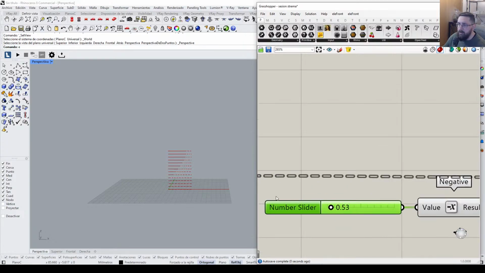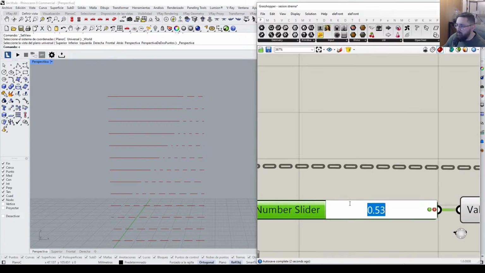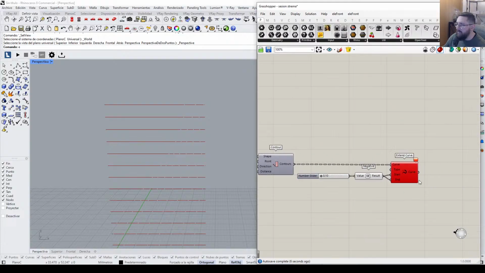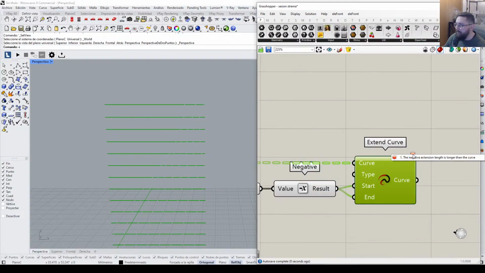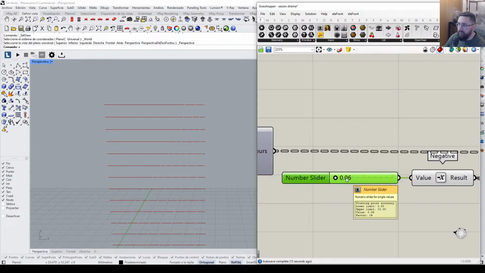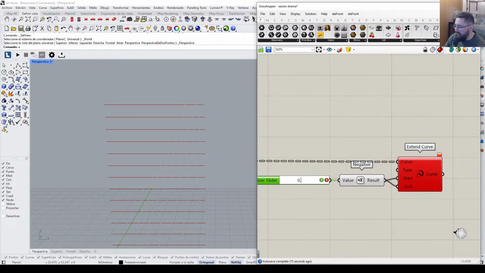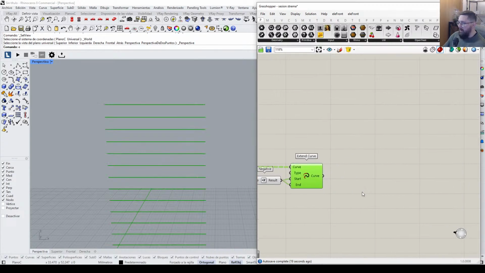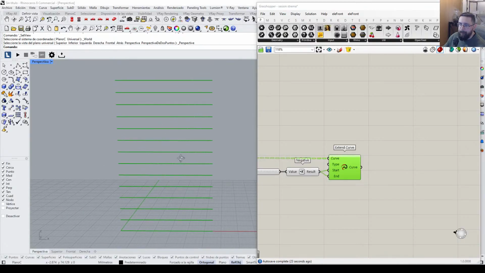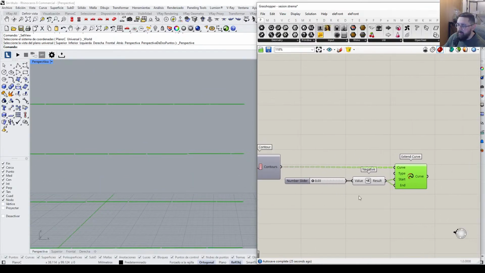Okay, so here it's doing it all by the same size. 0.1. Okay, that seems to work. That's fine. The length is smaller than... Okay, fair enough. 0.02. Where's my limit? Okay, so that's actually very small.